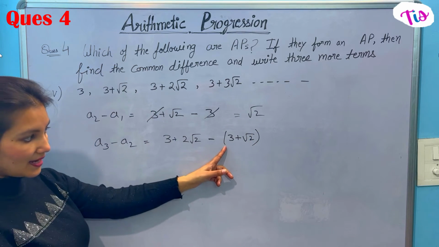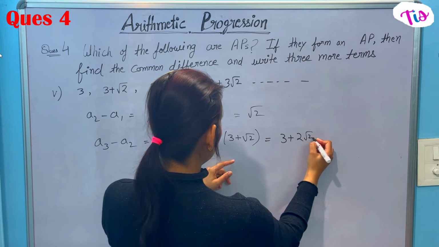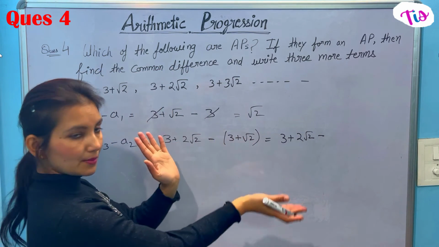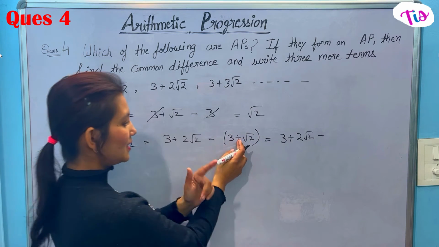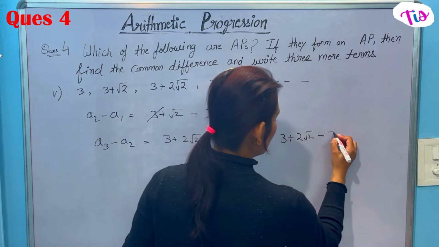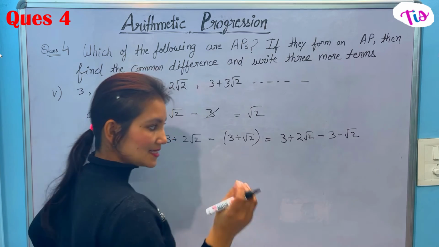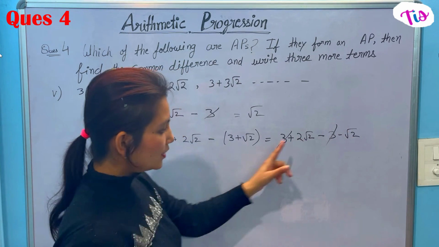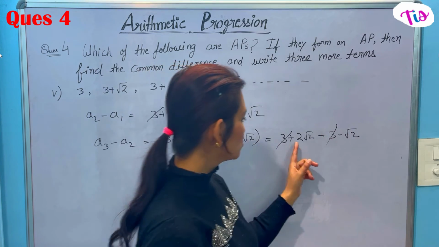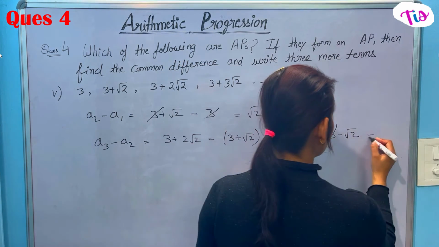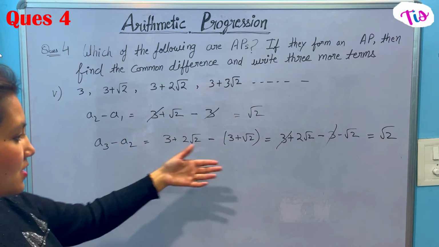Once you open the bracket, the sign inside the bracket will change, so plus will become minus: minus 3 minus root 2. Now 3 will get cancelled out, and 2 root 2 minus root 2 is root 2. So here also A2 minus A1 is root 2 and A3 minus A2 is root 2.